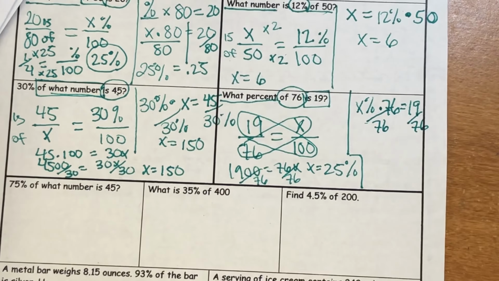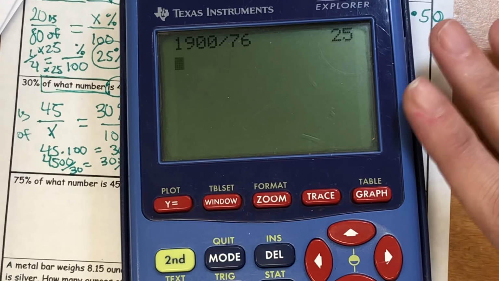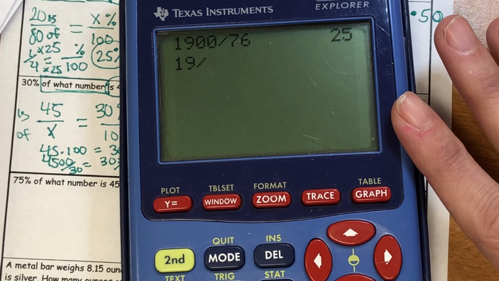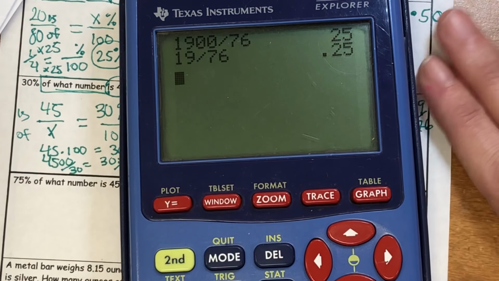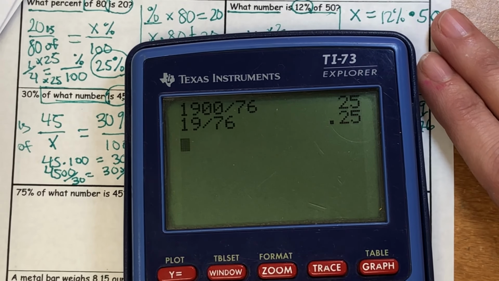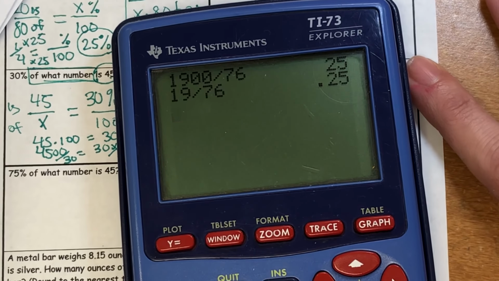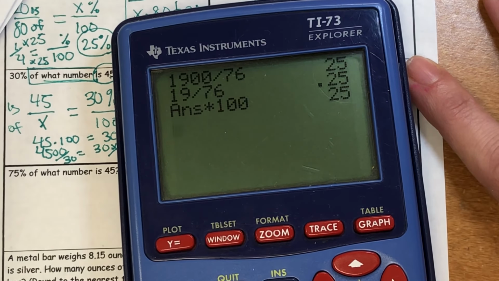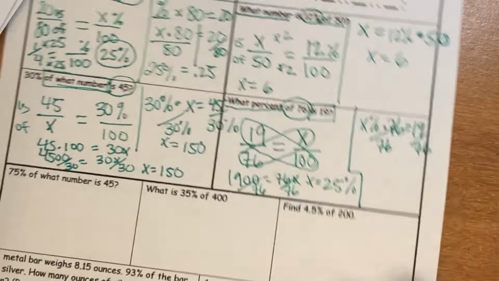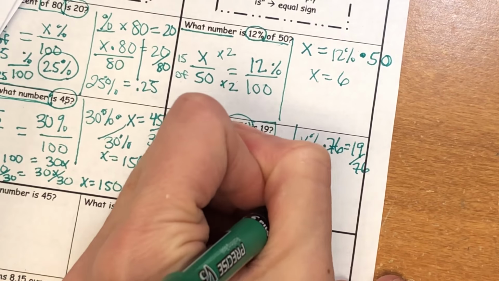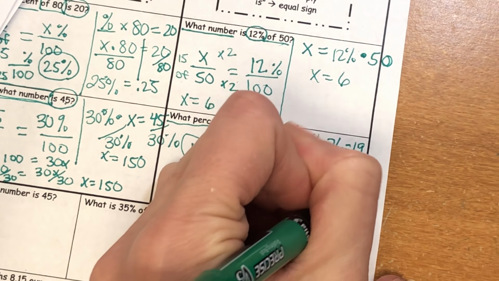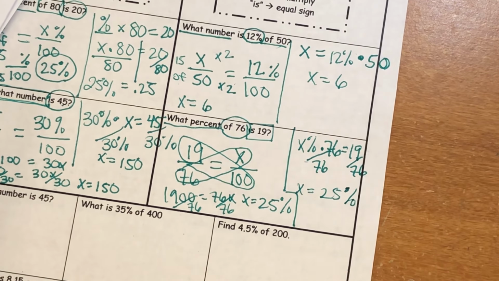So 19 divided by 76 gives me 0.25. That's 25 hundredths. Now you got to convert that into a percent. All you got to do is times 100, okay? That's 25%. So again, don't forget about your percent sign. That's 25%, okay?